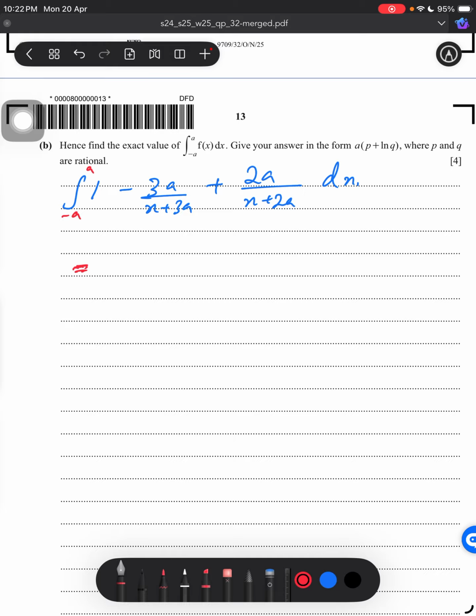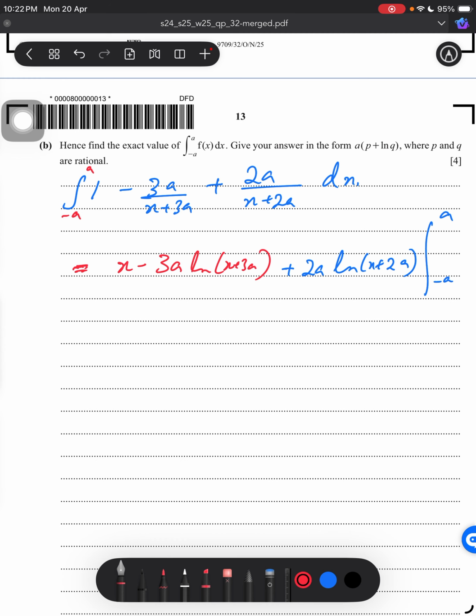So linear denominators, we'll just write ln of x plus 3a with the same numerator. Same goes for the second one, plus 2a ln of x plus 2a. This becomes easier, and the limits were minus a and a.